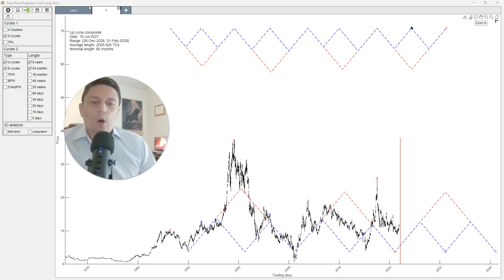Okay, so what you're seeing here is our composite projections for the bottom. Obviously, this is a very important date right here. Let's click on that for a second, and we see November of 2024. This particular cycle has a certain variance associated with it. Basically, the longer the cycle, the bigger the variance.